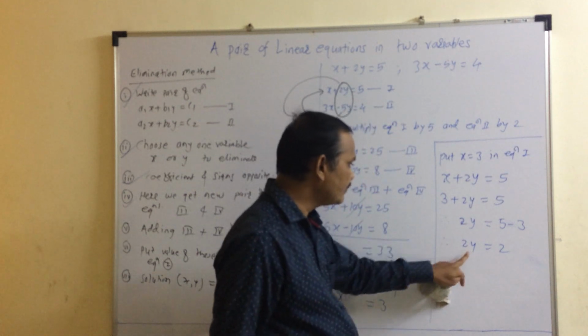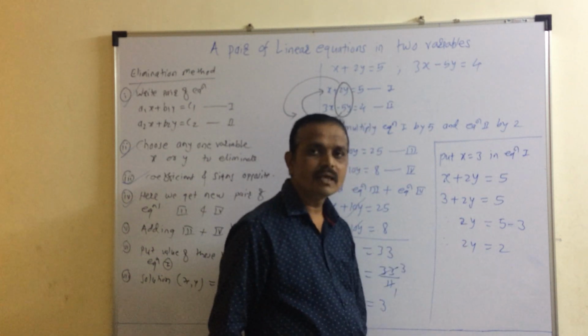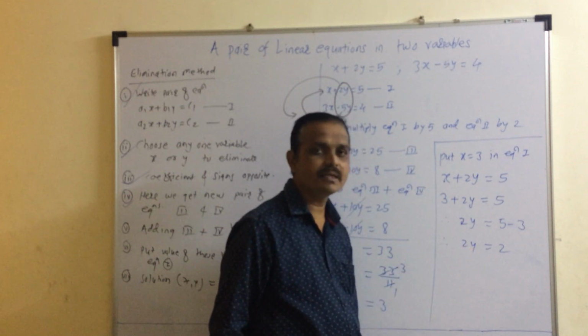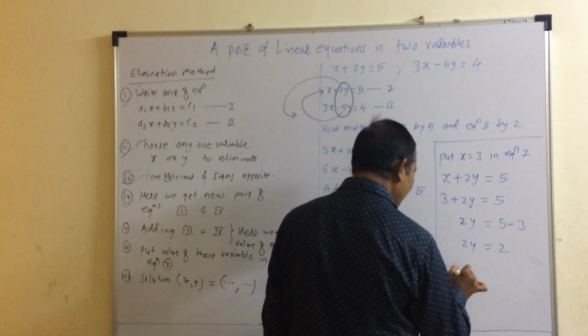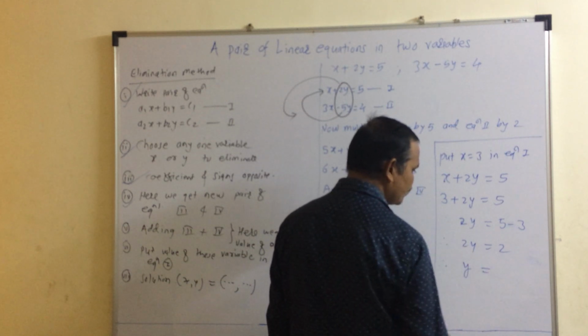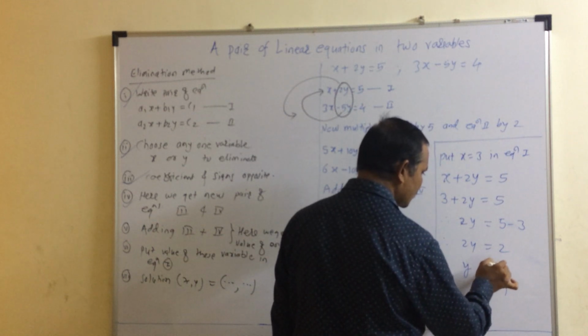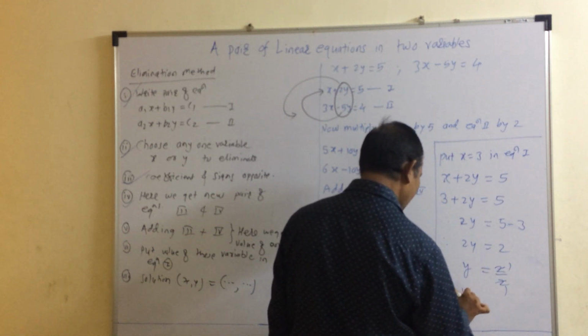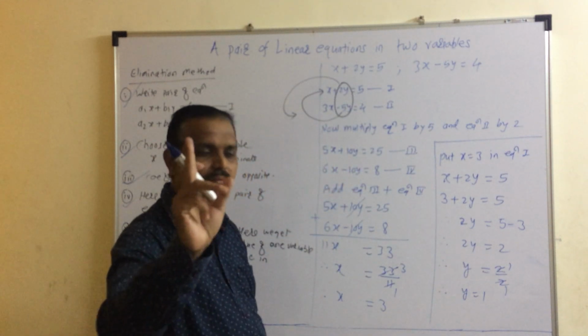Again the same condition: 2 is the coefficient and the operation is multiplication. So we have to find the value of 1y. That means y is equal to 2 over 2. 2 ones are 2, and we get the value of y is equal to 1.